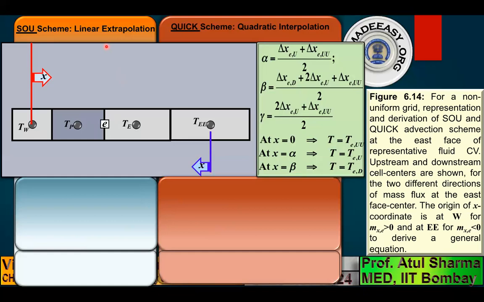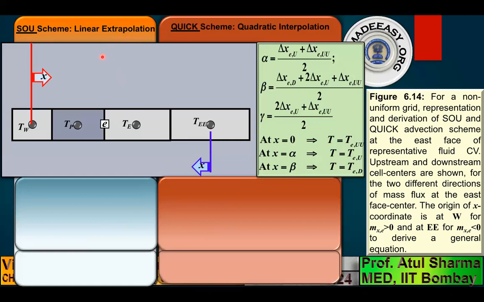In a linear extrapolation, we use a linear equation, temperature equals AX plus B, whereas for the QUICK scheme, we use an expression AX square plus BX plus C. So for linear you have two constants A and B, whereas for QUICK you have three constants A, B, and C for the quadratic expression.